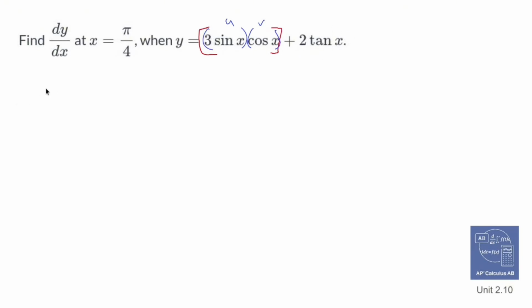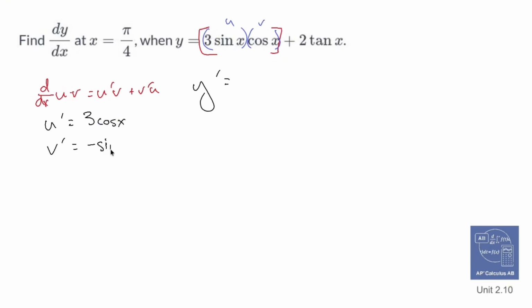Let me remind myself that the product rule is d/dx of u times v is u prime v plus v prime u. If I called u 3 sine x, then u prime is going to be 3 cos x. V prime is going to be the derivative of cosine, which is negative sine x.